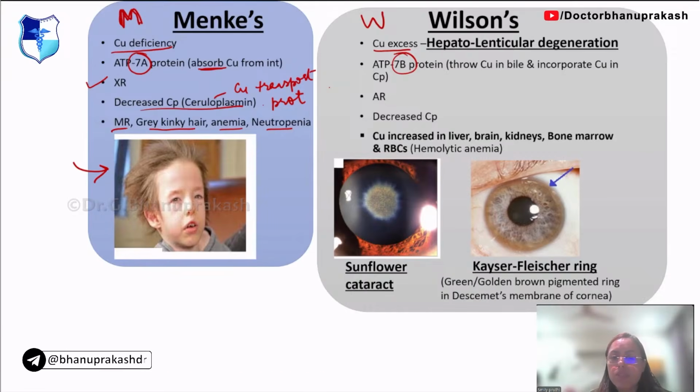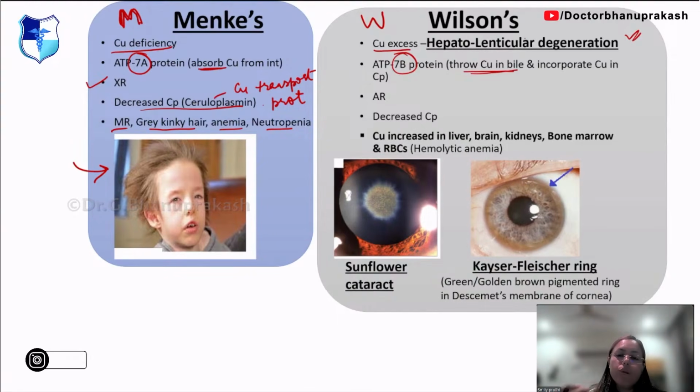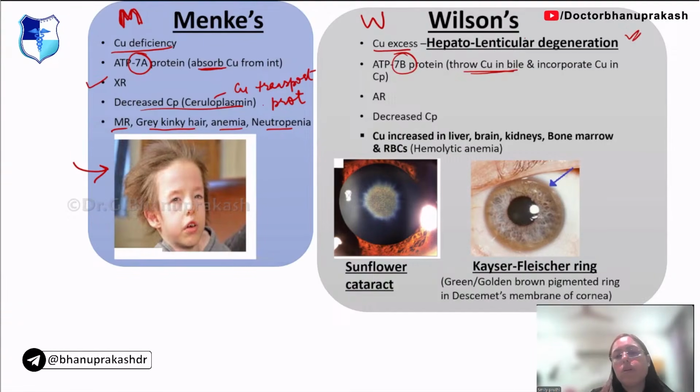Coming to Wilson's disease, copper excess affecting mainly the eyes and liver, known as hepatolenticular degeneration. ATP7B protein has two works. One is it will throw copper into bile. The only route of copper excretion from the body is bile. So copper is not going out of the body, so copper gets in excess in the body.